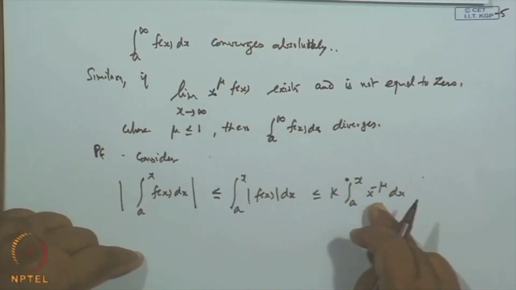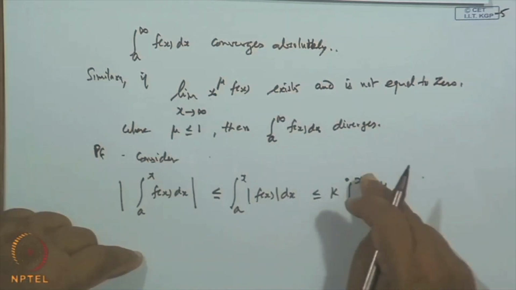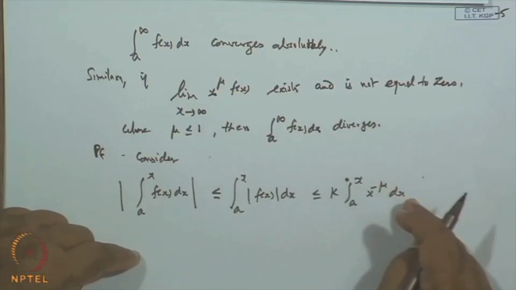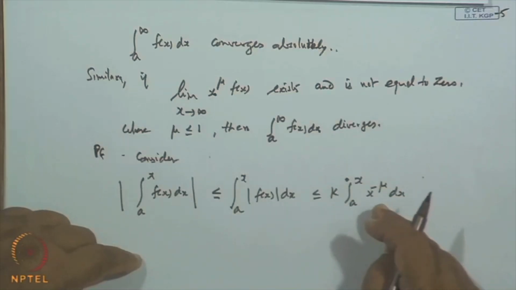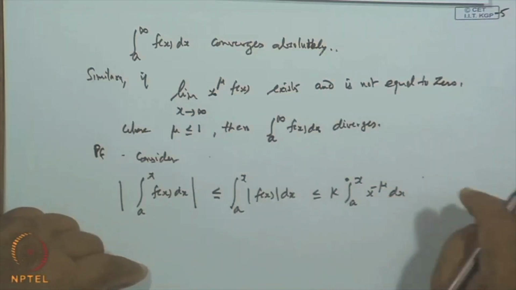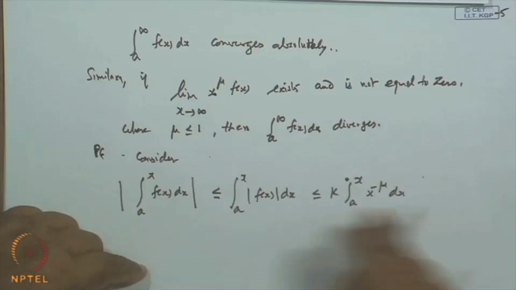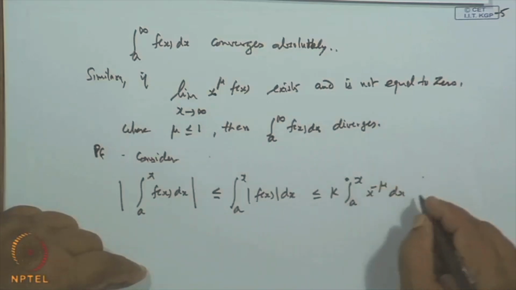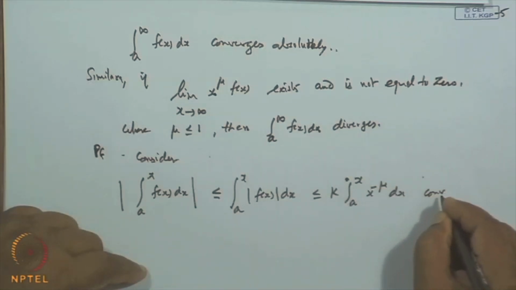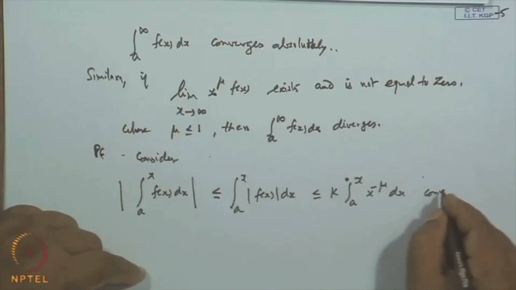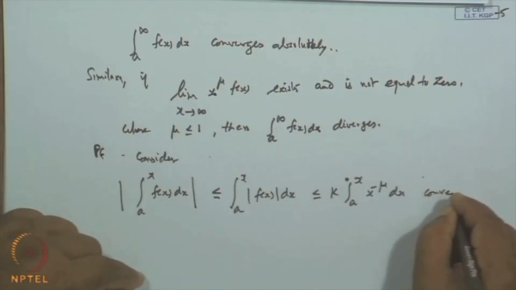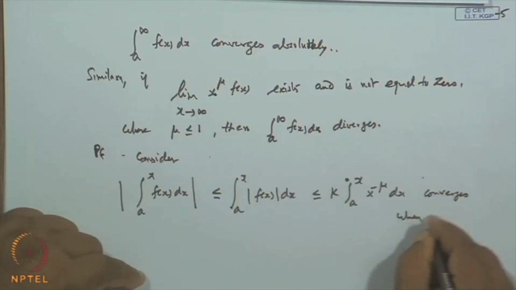Now, this integral is of the first type, the integral from a to infinity of x to the power minus n type. We have seen that this integral will converge when mu is greater than 1. So, it converges when mu is greater than 1, is it not?